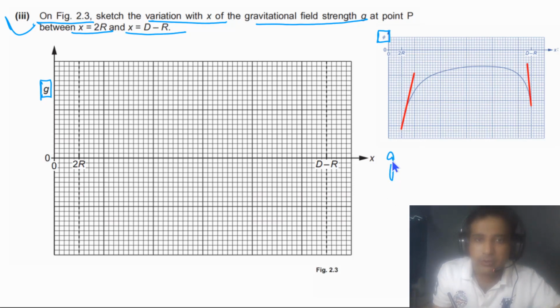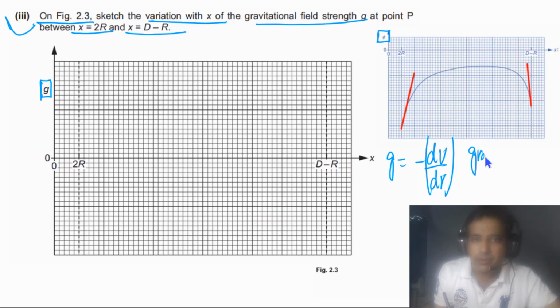We have already discussed that G is equal to negative dV by dr, meaning this is the negative potential gradient. If we have the graph between V and r, we simply need to find the gradient. So the negative gradient of the V-r graph is equal to G. That's all.